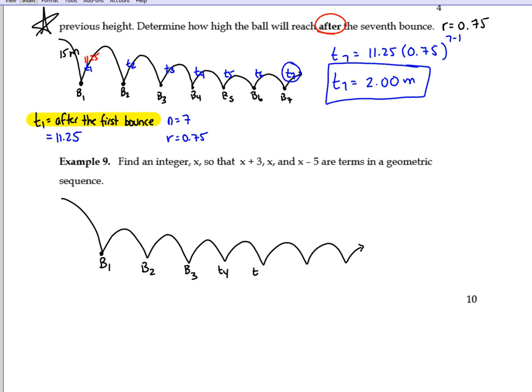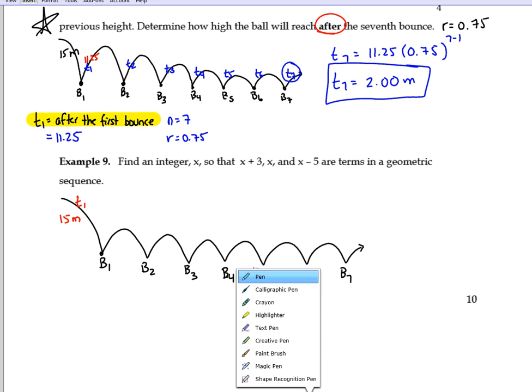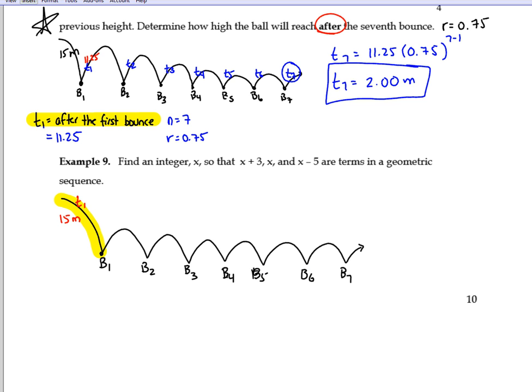So basically, B stands for bounce. It's a bounce number. If you make term 1 15 meters, okay, then basically all your downs are your terms, right? So your term 1 is when it falls down. Because when it goes up, it also goes down the same amount. Your term 2 would be here, 3, 4, 5, 6, 7.